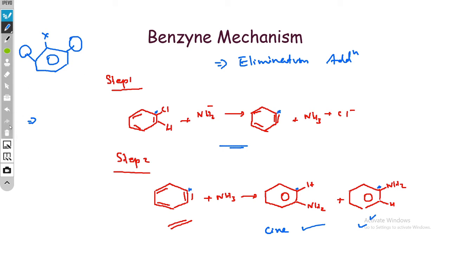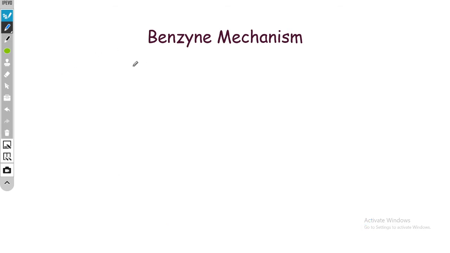Then the next evidence is the formation of exclusively cine product. That is, in some cases like this compound, OCH3 and Br, we take KNH2 in liquid ammonia, where NH2 minus is the base.